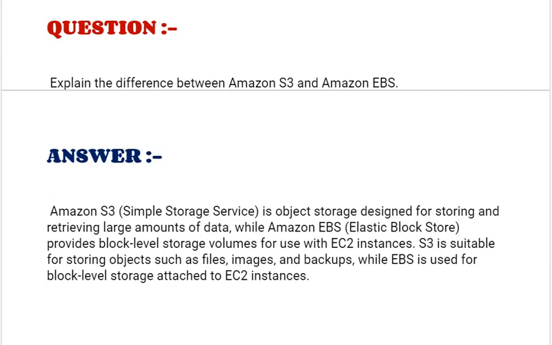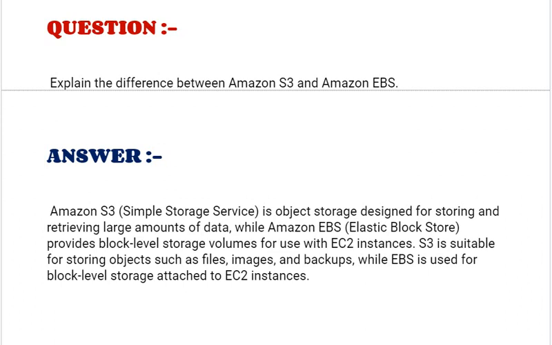Our next interview question is: explain the difference between Amazon S3 and Amazon EBS. Your answer should be Amazon S3, that is Simple Storage Service, is object storage designed for storing and retrieving large amounts of data, while Amazon EBS, Elastic Block Store, provides block-level storage volumes for use with EC2 instances.